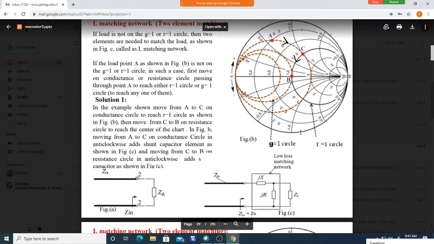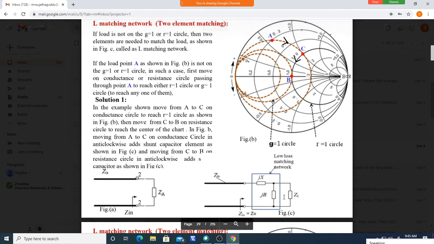See now here, what we did is move on to impedance matching. To get impedance matching, from here we moved on the conductance circle in the clockwise direction to reach C. Moving from here to here asks for a capacitor in shunt. What is the value of C?